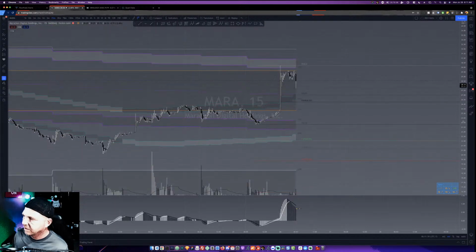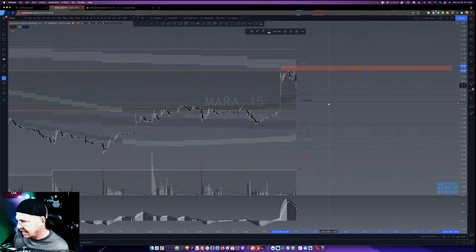Mara looks a little bit more congested in that it's got to get above 31 to go long. It looks like it's running into 30, 50. Has some pretty significant resistance for it. That's this level here. So with Mara, I would like it to come back down and test 27.50 for the next move to the upside.